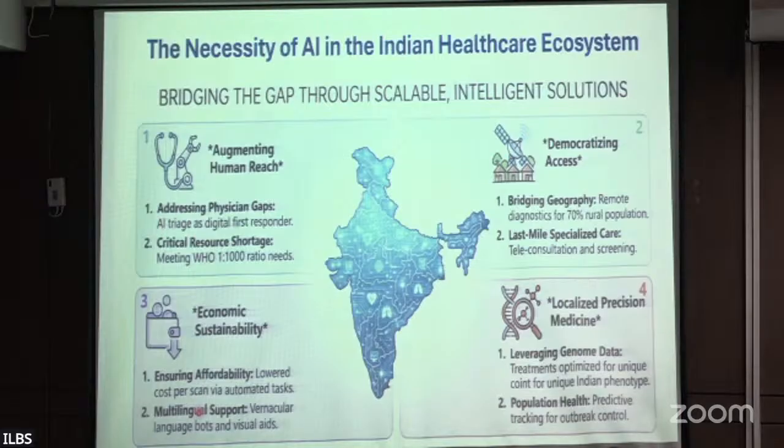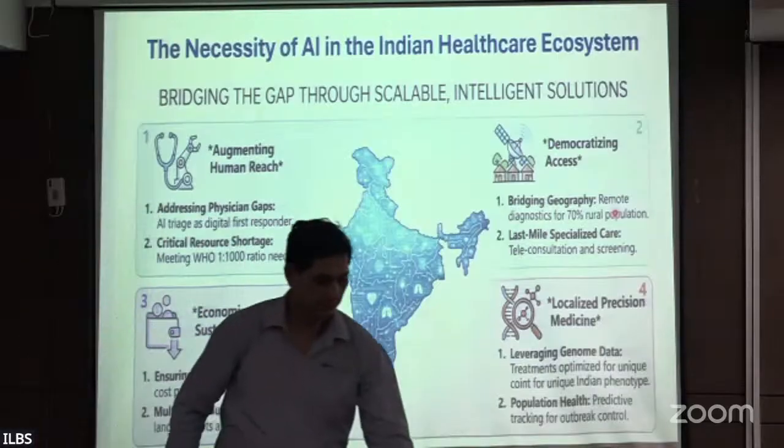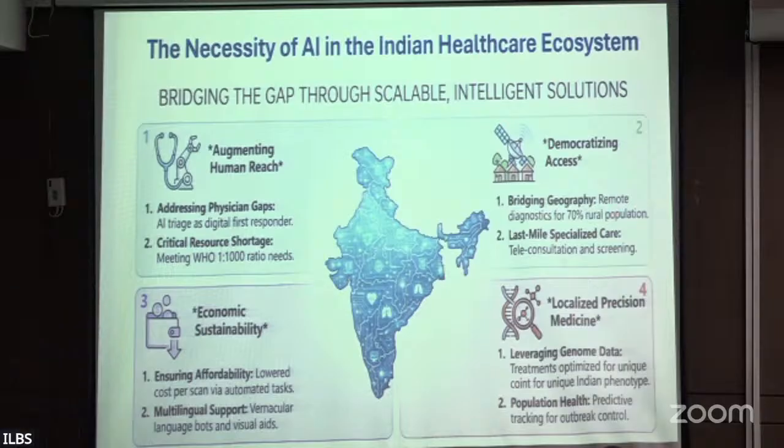For affordability also, before a high end test or high end examination, some basic screening tool can be used to triage the patient, and then bridge the geographical distance, means in a remote village or rural mountainous area, that can be facilitated by telemedicine or remote diagnostic tools. And there is a diverse genomic and different type of population in India.